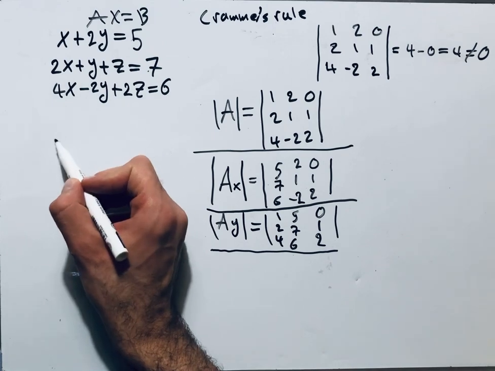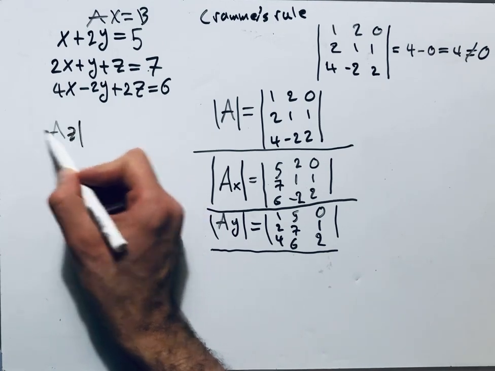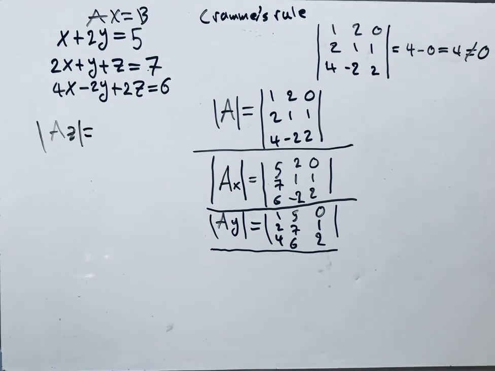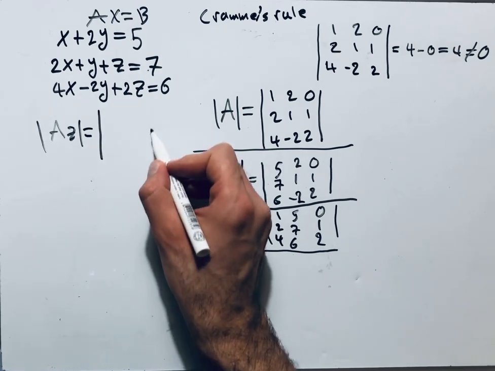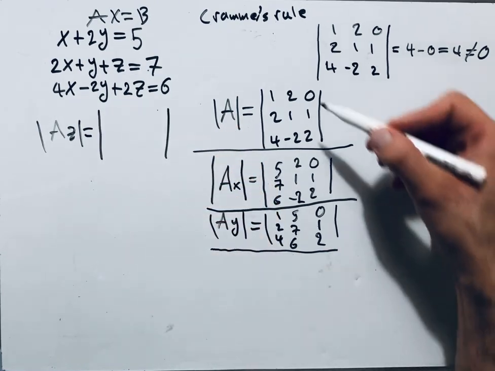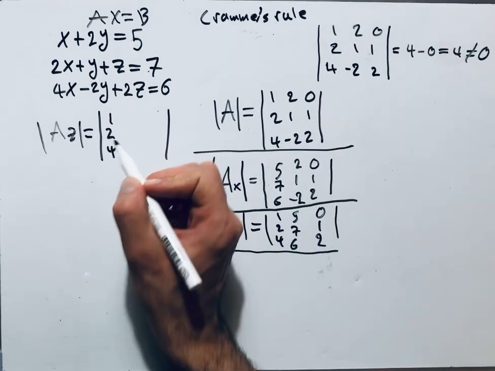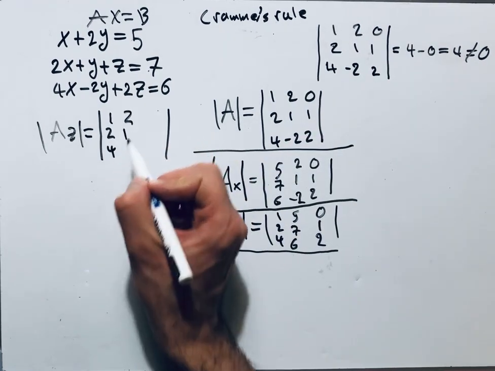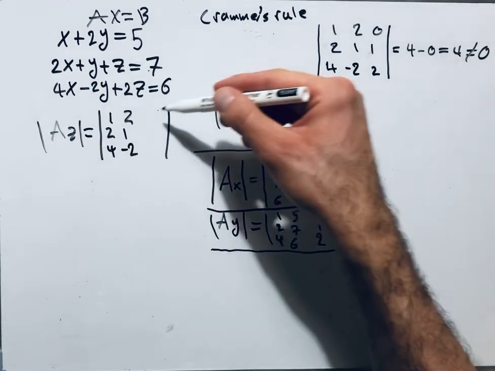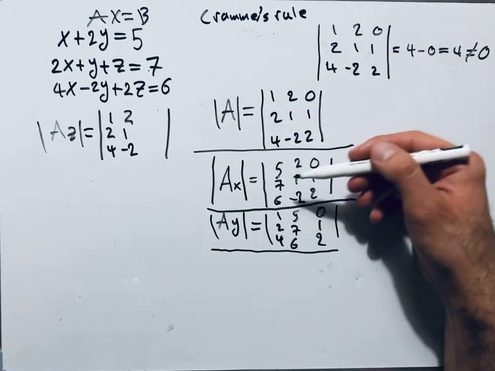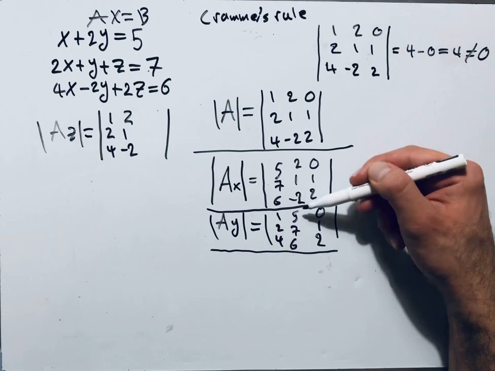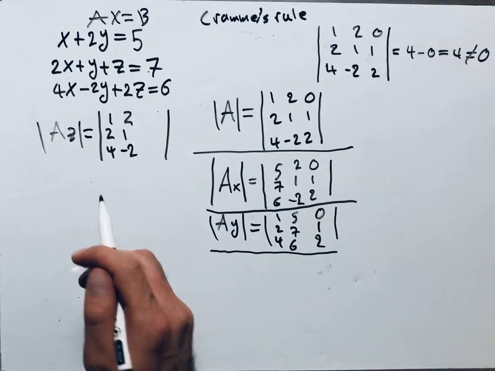And of course, you're going to do this also for A sub z. We can write it here: A sub z, the determinant of A sub z. So that would be, as we said, the same thing for x and y: 1, 2, 4, 2, 1, negative 2. And then for the third column, as we said, we put it first for x, second for y, and third for z.